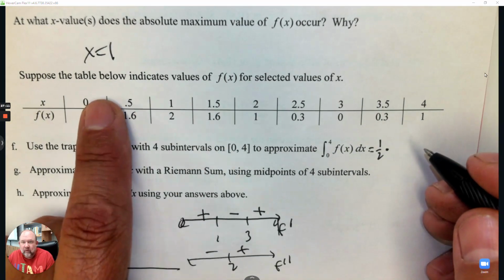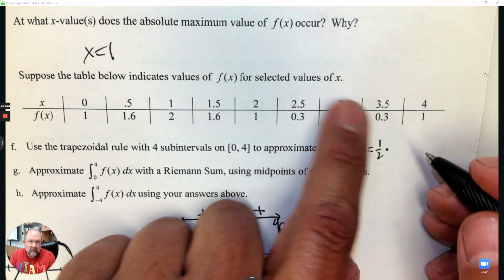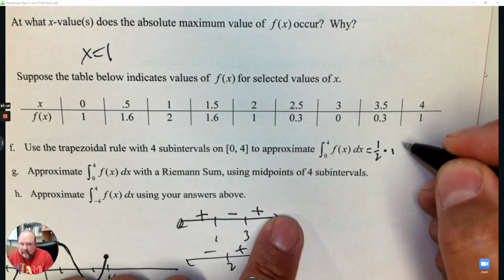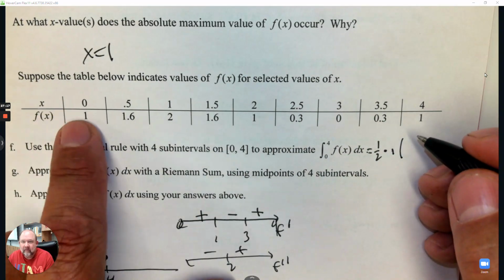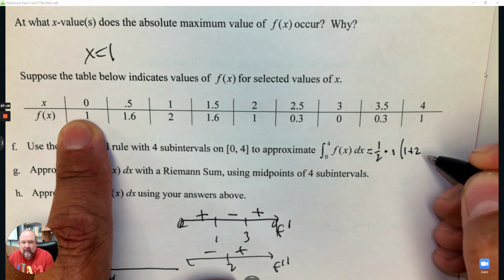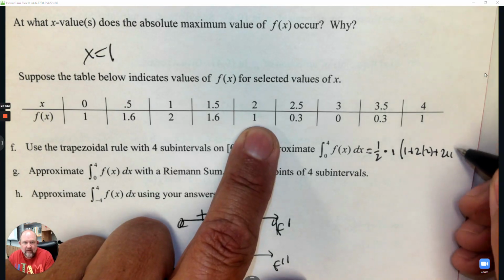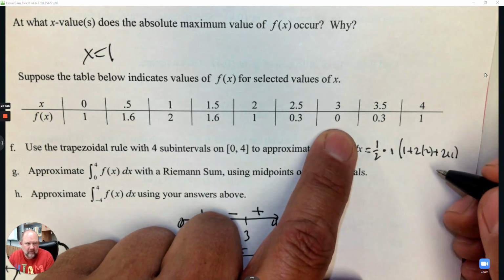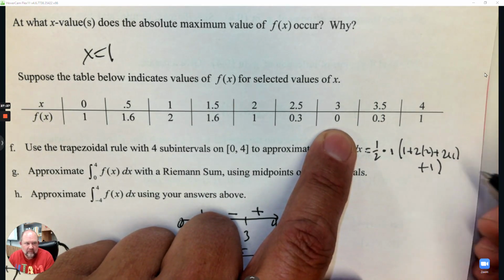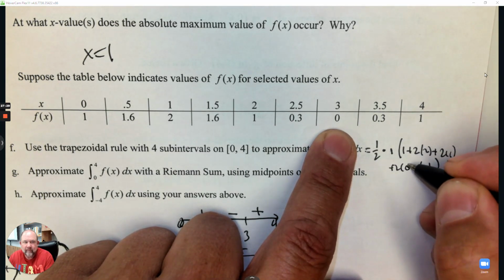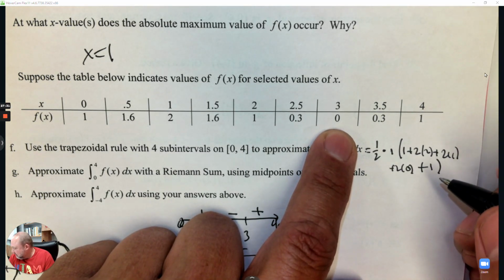If I use 4 of them, 0 to 1, 1 to 2, 2 to 3, 3 to 4, each width would be 1. And then the first height, and then you double the next height, and then you double the next height, and then you double the next height, which is 0, and then the last height is 1. So there's the trapezoidal rule.